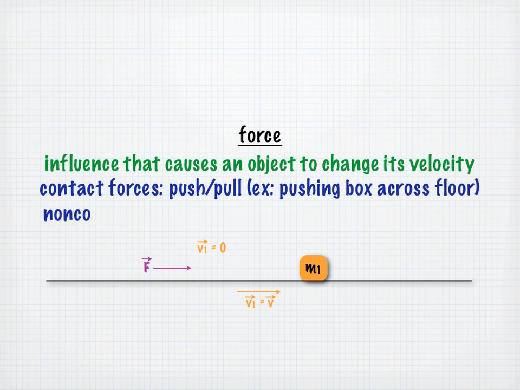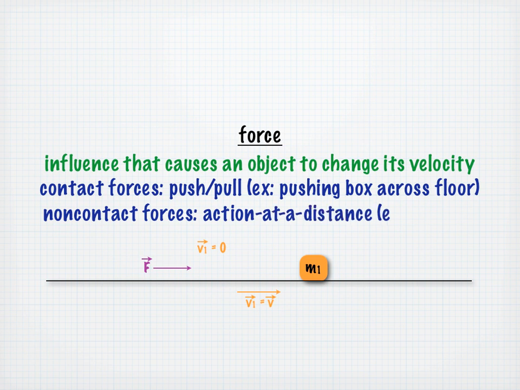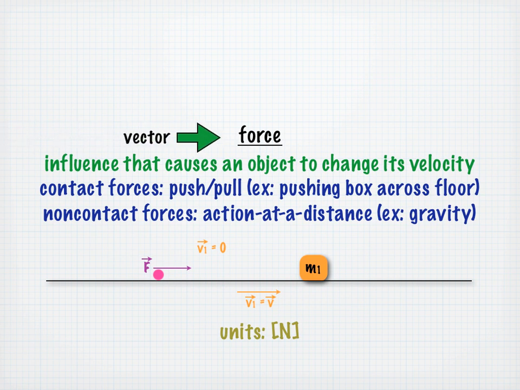There are also non-contact forces, also called action at a distance forces, that cause objects to change velocities, such as the force of gravity. The unit for force is an SI unit called a newton, and force is a vector quantity because a force has a magnitude and a direction.